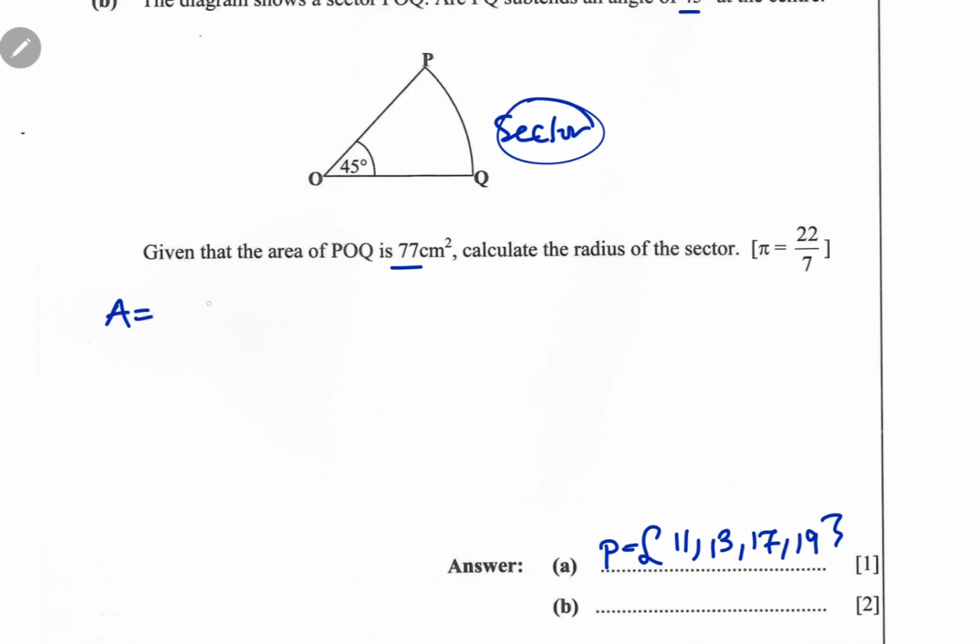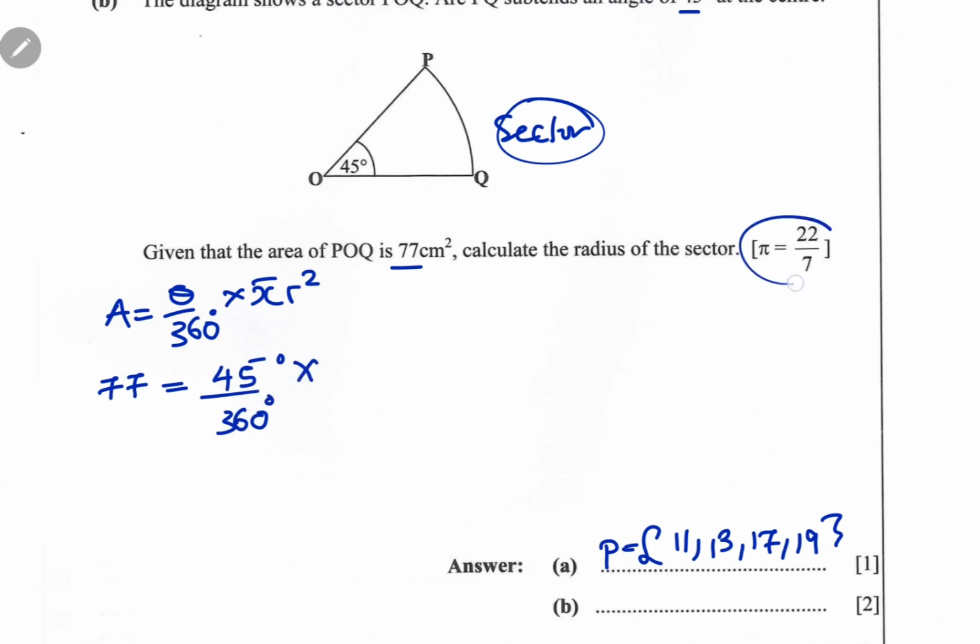Area of a sector is equals to theta over 360 degrees multiplied by pi r square. So the area is given, 77 equals to theta, the angle given 45 degrees, divided by 360 degrees multiplied by pi, you take it to be 22 over 7, multiplied by radius square.